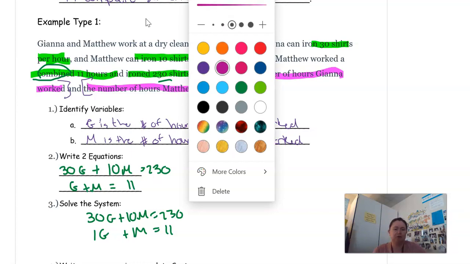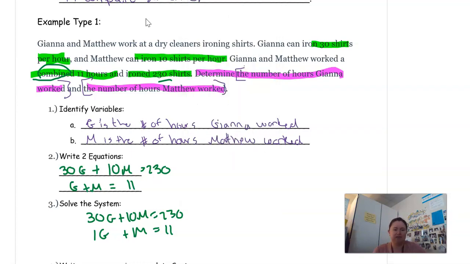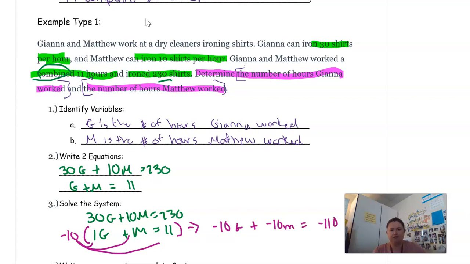Between 10 and 30, 10 is smaller, so I'm going to multiply the second equation by negative 10 so that my m's will cancel. I'm going to multiply everything in the equation by negative 10. So I'll have negative 10g plus negative 10m equals negative 110.